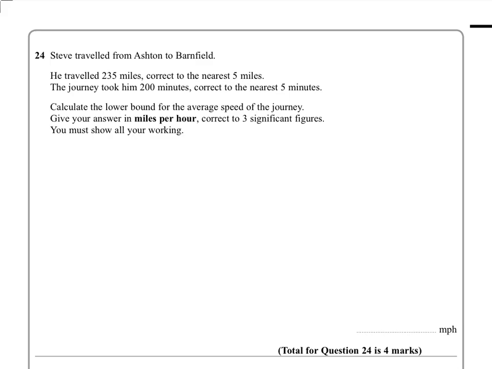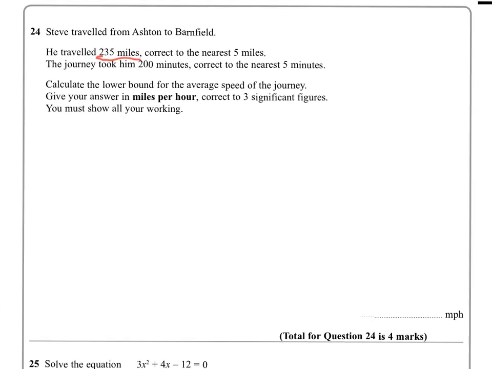In this question we've got he travelled 235 miles correct to the nearest 5. So I've done an upper and lower bounds question in a previous paper, I believe, and I always say, well, you take the 235, it's to the nearest 5, so you split the 5 in half, and if you add 2.5 to 235, you get 237.5 miles.